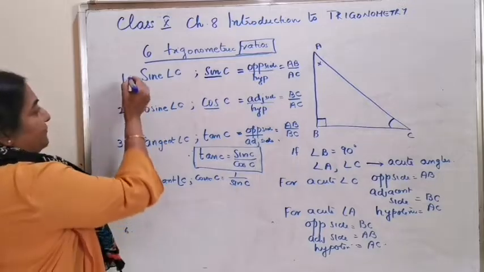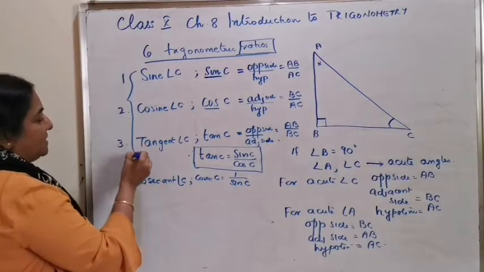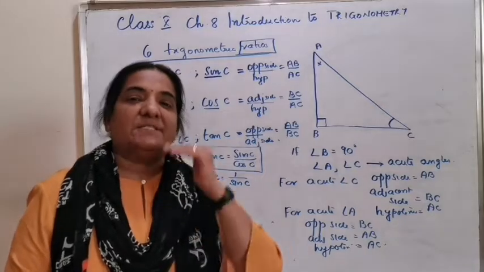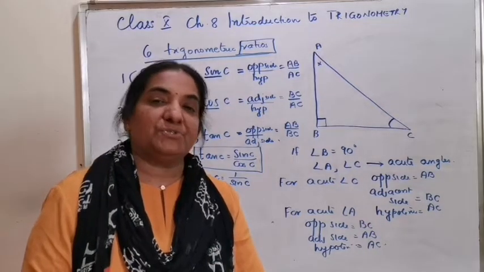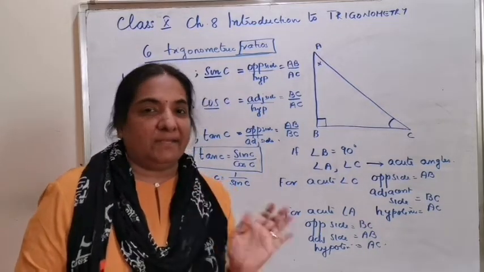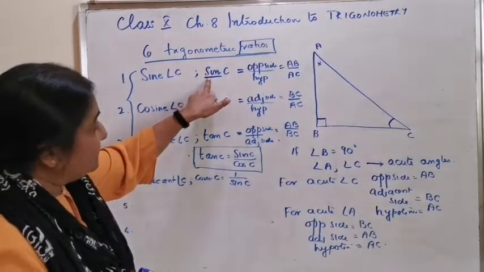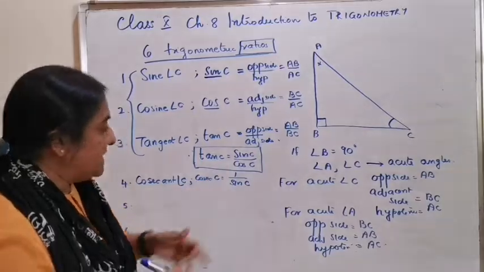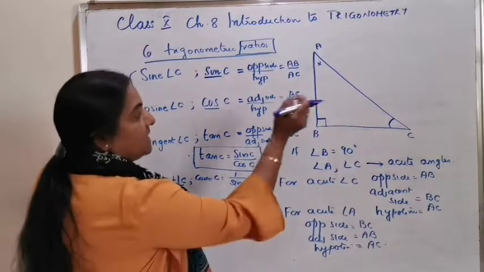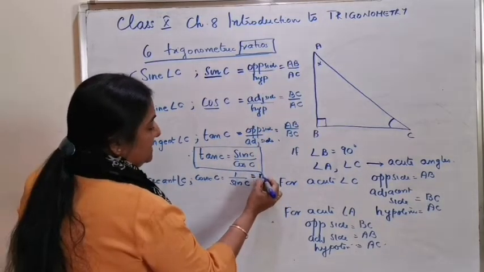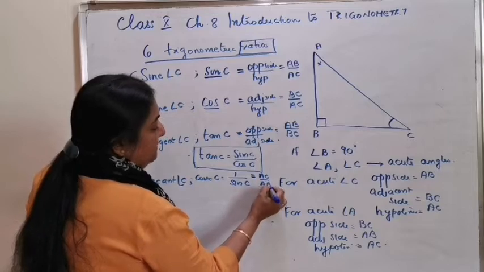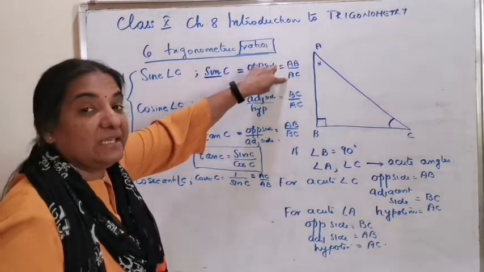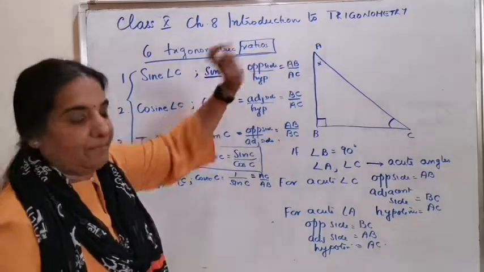So better for easy understanding, learn by heart only these three ratios, and the reciprocal of the concerned ratios should be made very clear. Reciprocal of sine is the fourth ratio, cosec. 1 by sine C is the same as, according to this picture, AC by AB. You know that sine is AB by AC, so cosec is AC by AB.